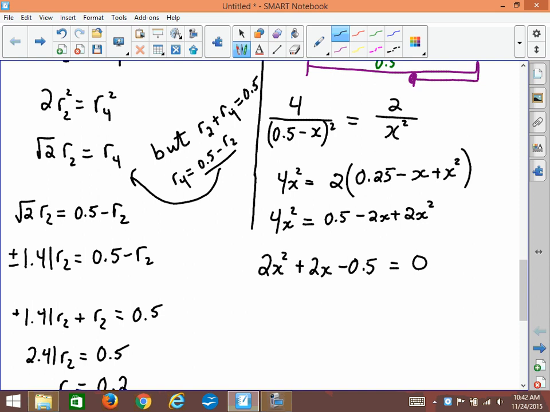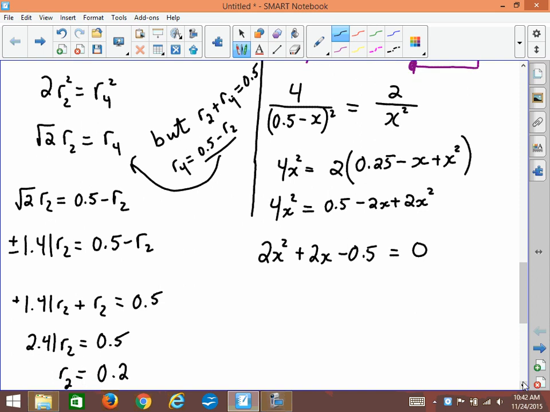Now, if we do the magic of QRF on this, I won't write out all the QRF, but let's just do it. We would have 0.5 times 2 times 4 is the 4AC. And of course, it will be a positive number, and then plus b squared, which is 4.